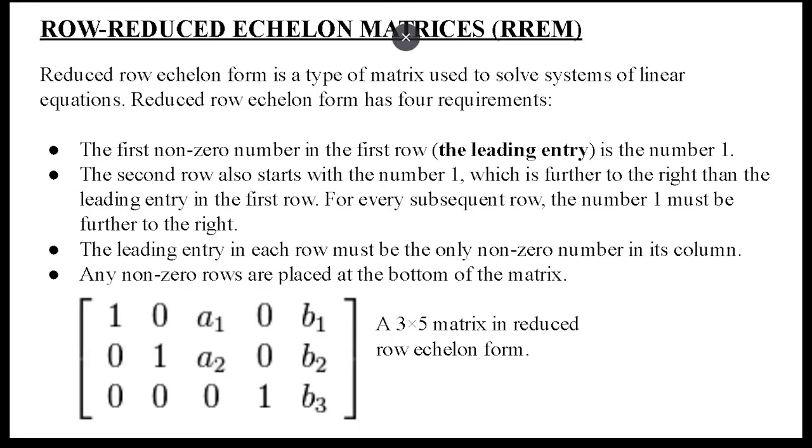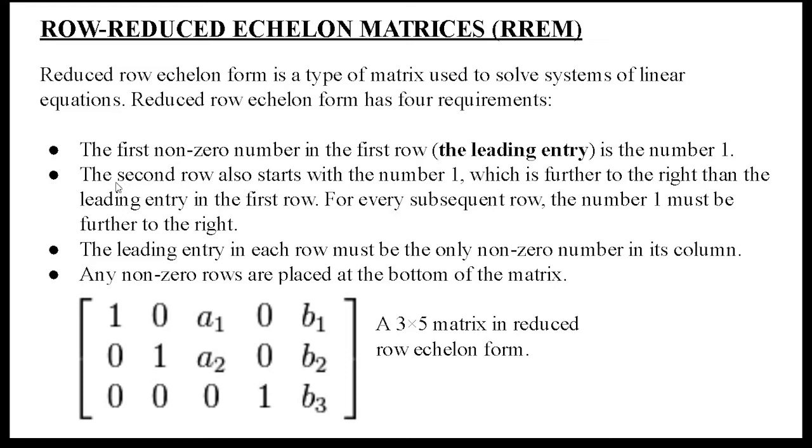Furthermore, what does row-reduced echelon matrices mean? The reduced row echelon form is a type of matrix used to solve systems of linear equations. Reduced row echelon form has 4 requirements. The first one is the first non-zero number in the first row, that is the leading entry, must be the number 1.